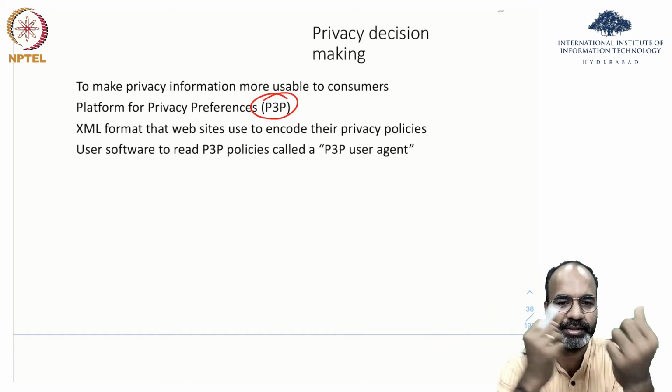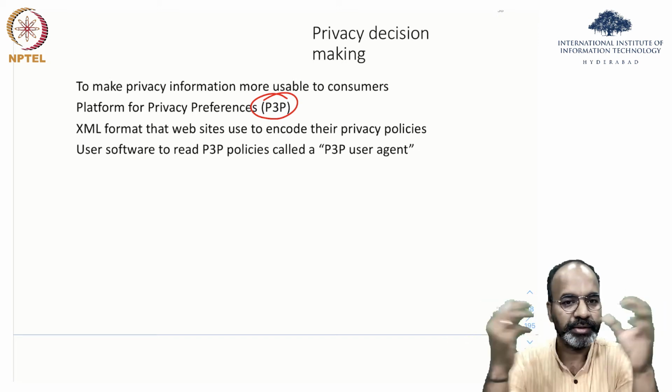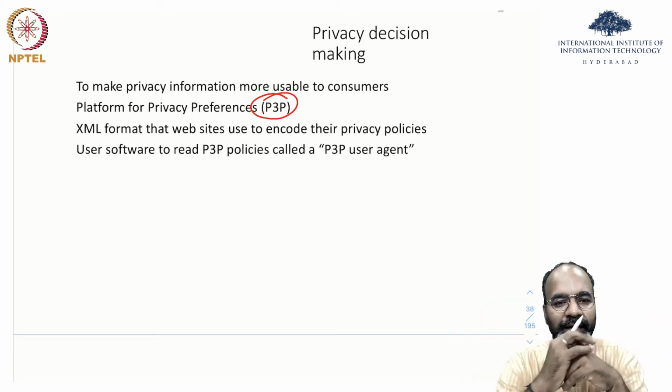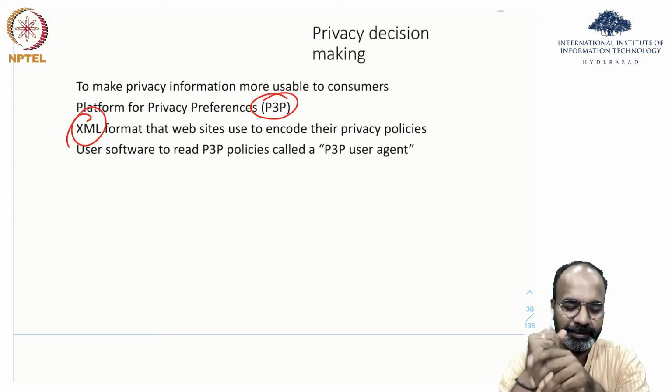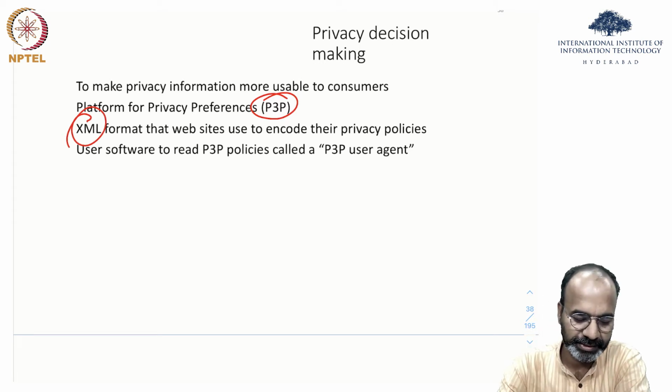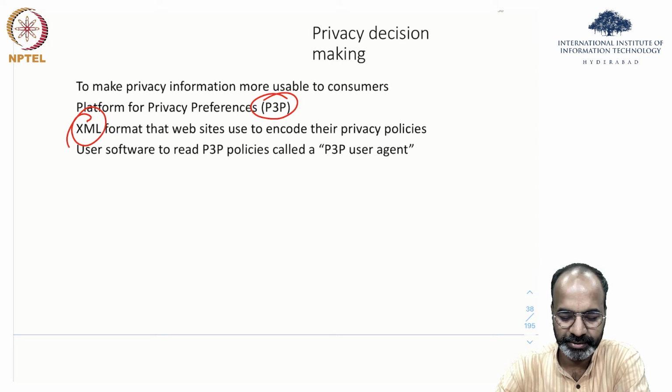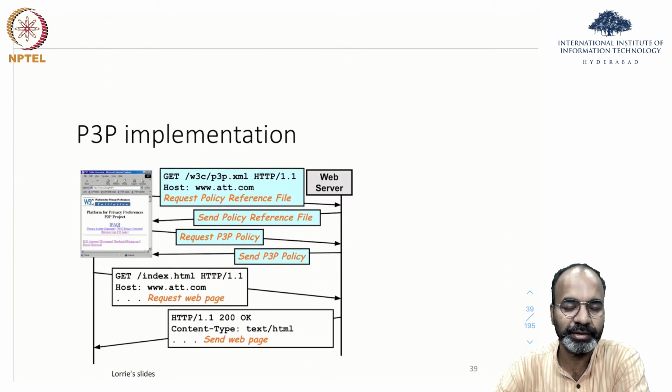Then the interactions can be smooth, or if not, the agent can let us know: look, I think the privacy preferences are not the same, so you should be careful when you're using this website. It's an XML format. It's a W3C standard.